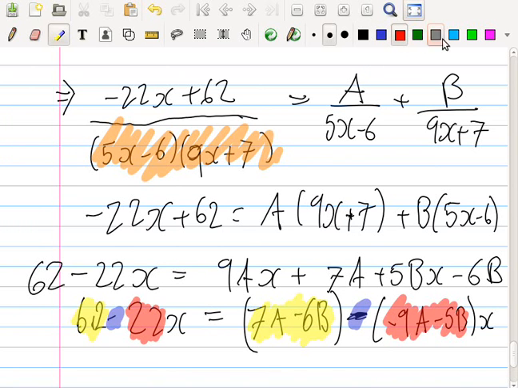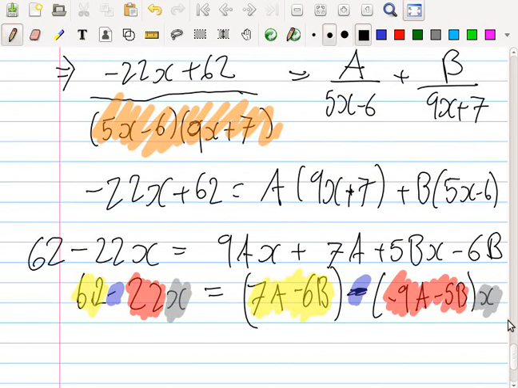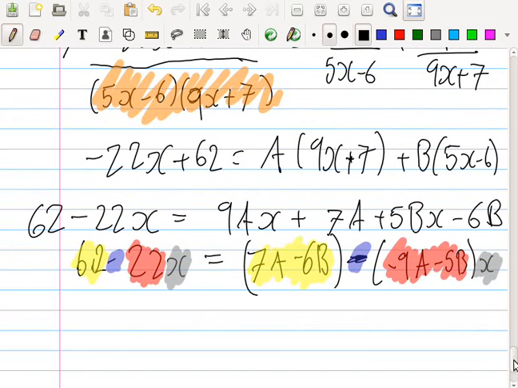And then on the left, you've got an x at the end, and on the right, you've got an x at the end. So the yellow pieces are the same, the blue pieces are the same, the red pieces are the same, and the grey piece is the same.